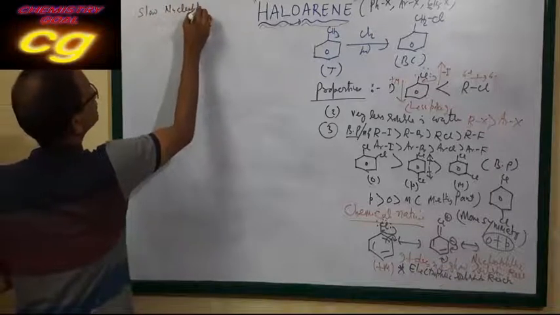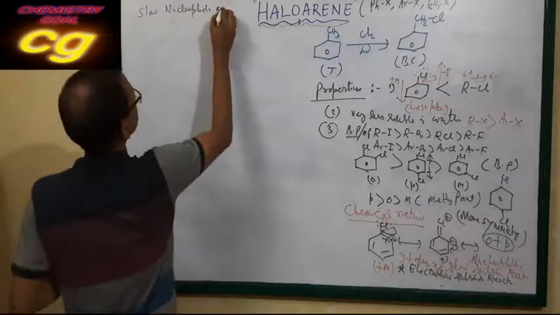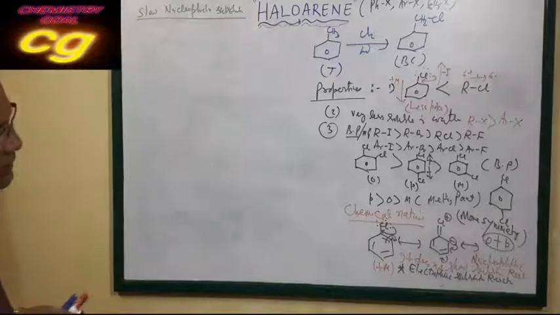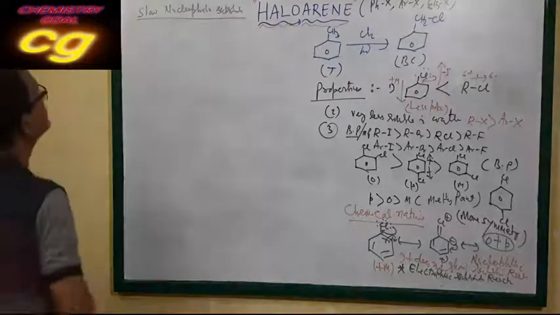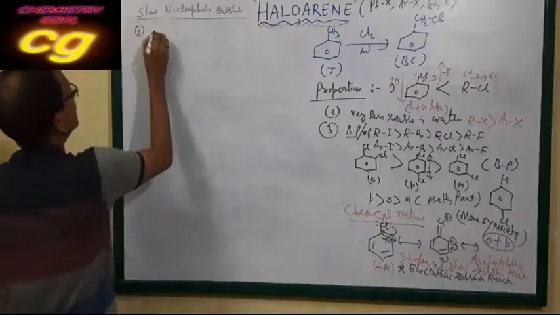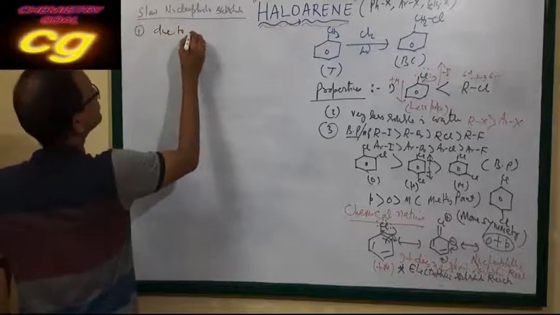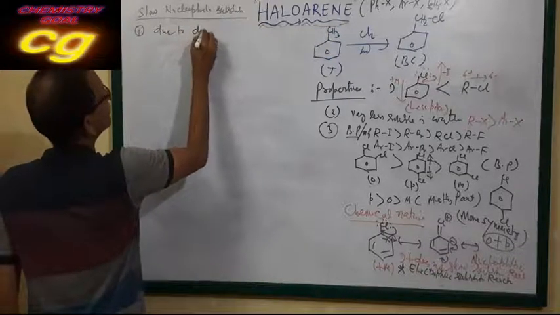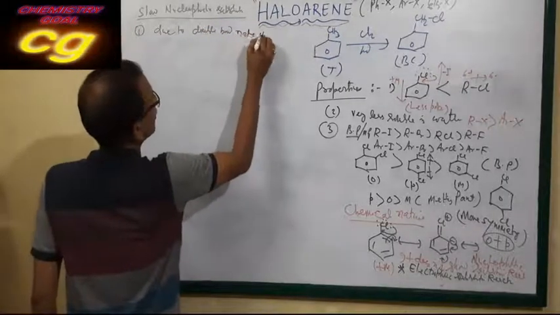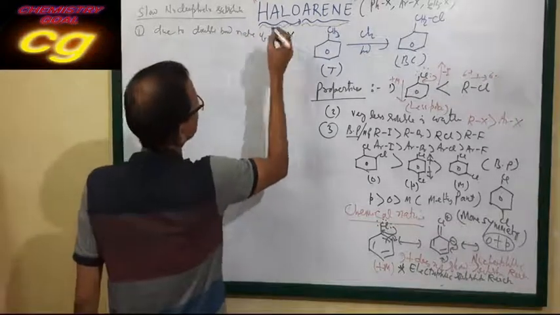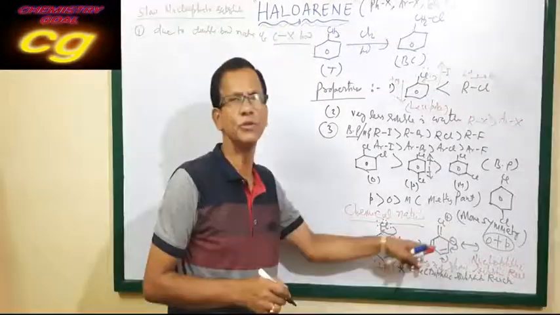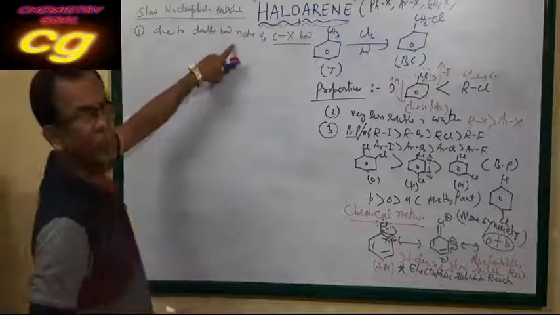Number one: due to the double bond nature of the C-X bond. The C-X bond becomes a double bond due to resonance, so bond strength increases. This is one cause.